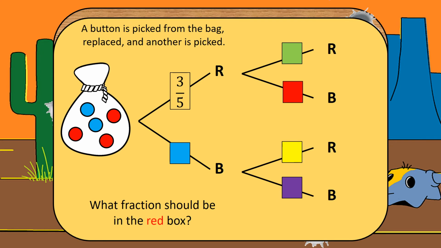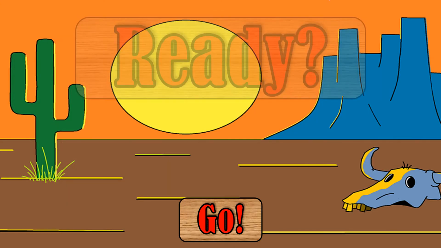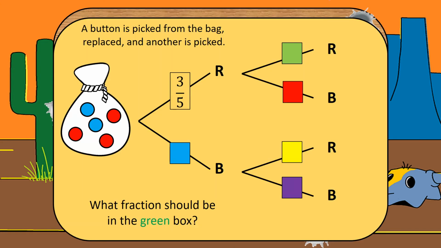That's showing we get a blue the second time. And after we took the first one out, we put it back in to take another one out. So what goes there? What'd you get, Tarek? 2/5 again? Yeah, it's just the same, isn't it? That's the fraction that goes in the red box. Good job. Right, okay. One more on that diagram. What goes in the green box?